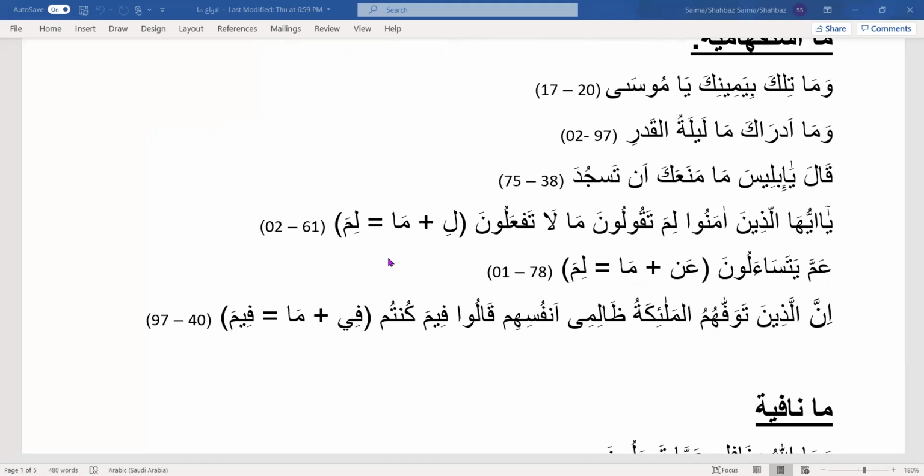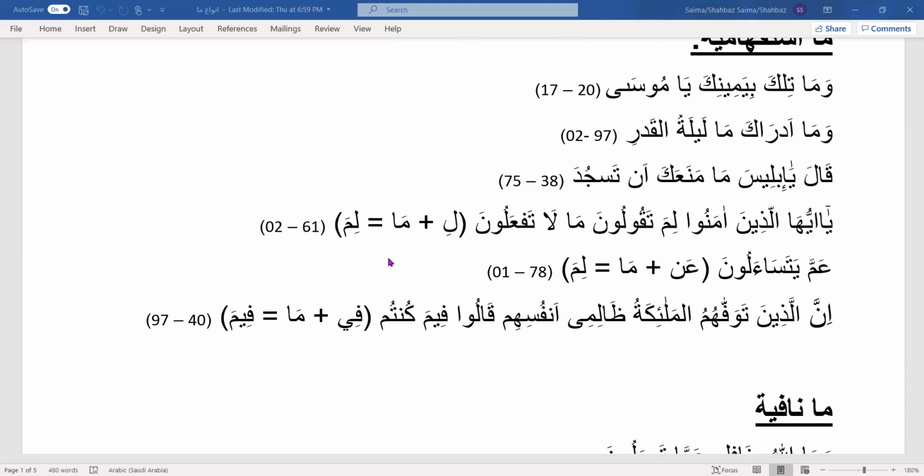How do we recognize that this is ma istifhamiyah or some other ma? Well, that's where you have to spend some time on it. There's nothing in the ayah other than maybe another word that comes with it.